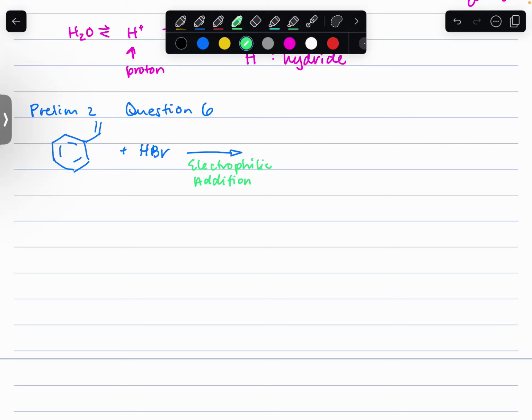We'll break up our HBr. There are two different electrophilic reactions you could do here. You could do electrophilic addition. You could also do electrophilic aromatic substitution.